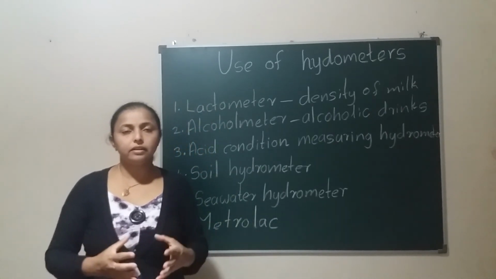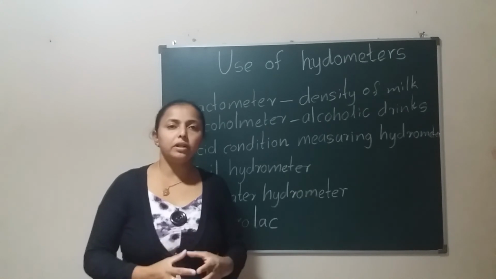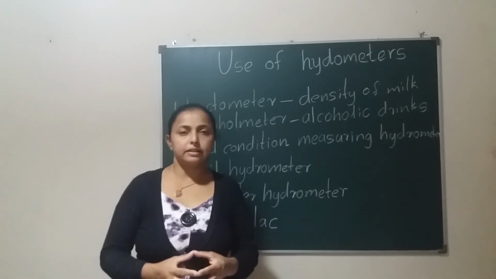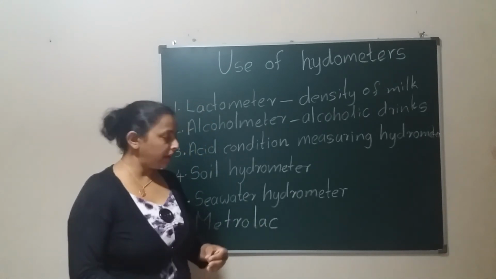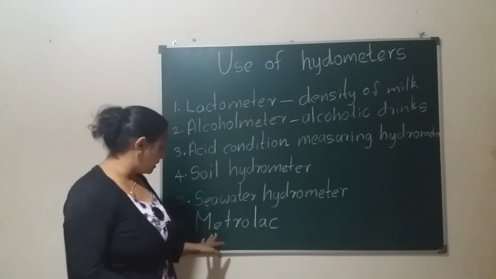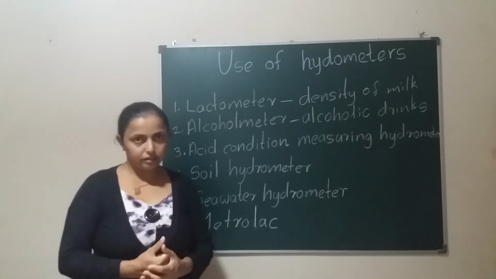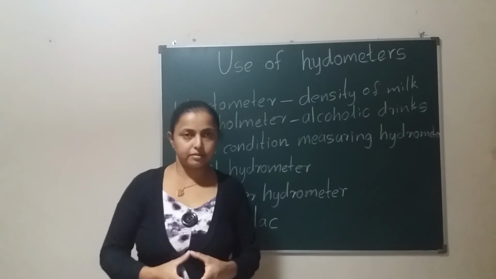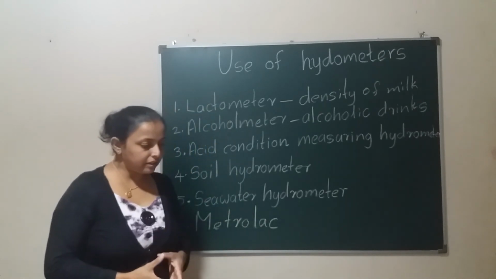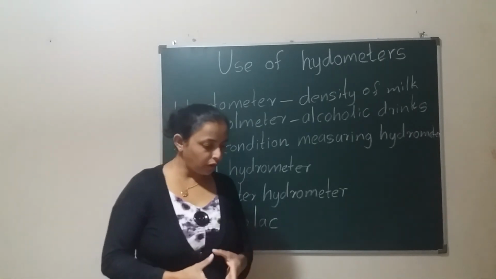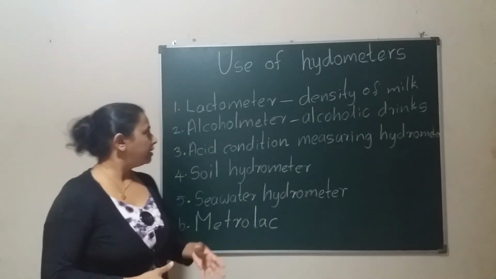If the normal concentration changes, it can be identified by using metrolab in rubber latex. These are the uses of hydrometers.